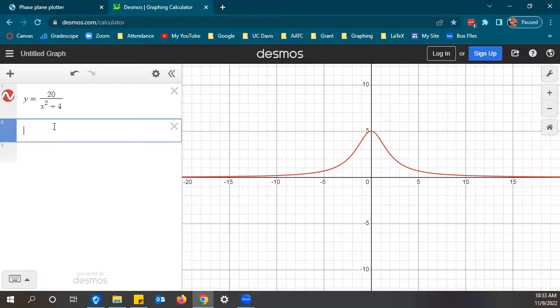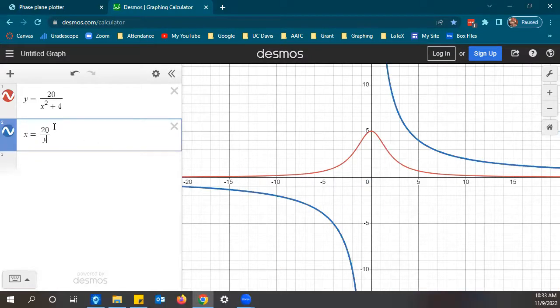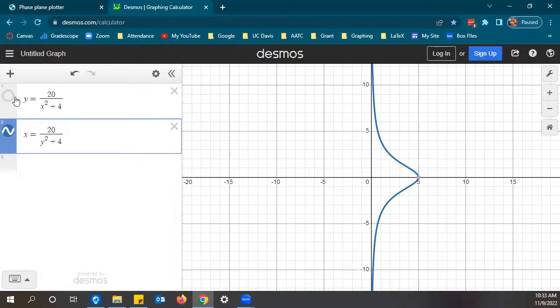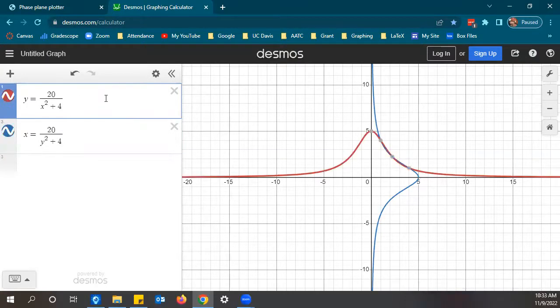So you can totally graph x equal to 20 over y squared plus 4, and you totally get the inverse relationship. Again, not a function, right? This is totally not a function. But if you take this original function and limit the x's to be greater than or equal to 0, then you only get the right half.